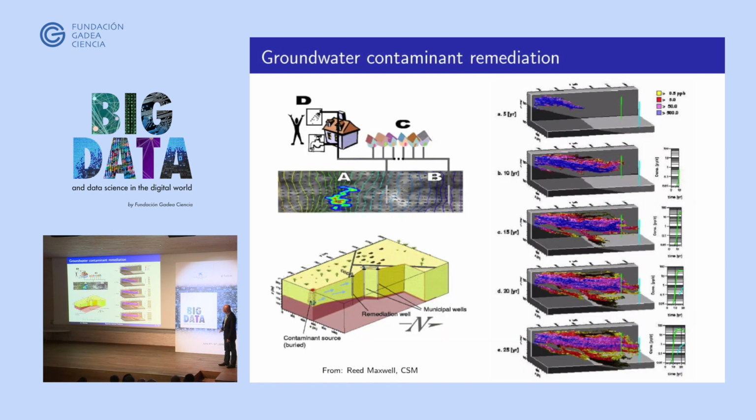So here's another problem. This is a contaminant in the subsurface. We're trying to remediate this. There's some contaminant that is threatening to contaminate the water supply of a town. You see the contaminant moving towards the drinking wells. And we don't know the current state of the contaminant, so you can think of this as an initial condition inverse problem. We also don't know the permeability of the Earth, so we're inverting both for the initial condition and for the permeability.